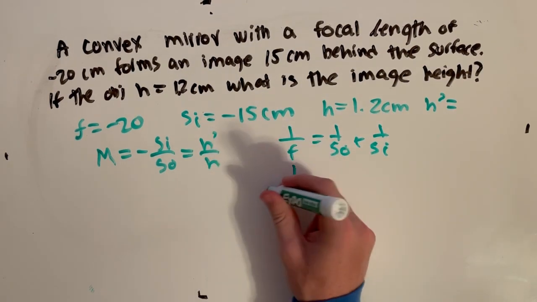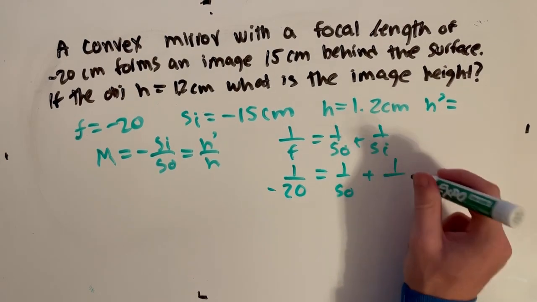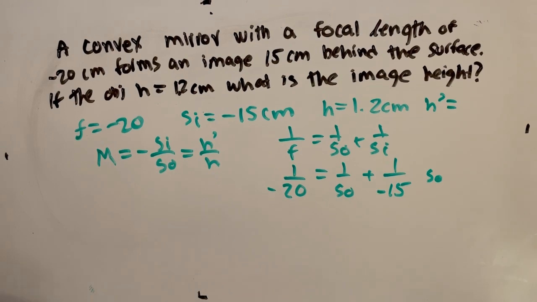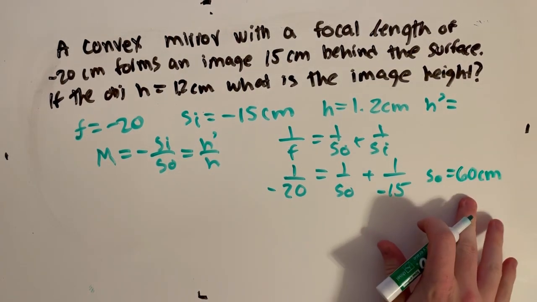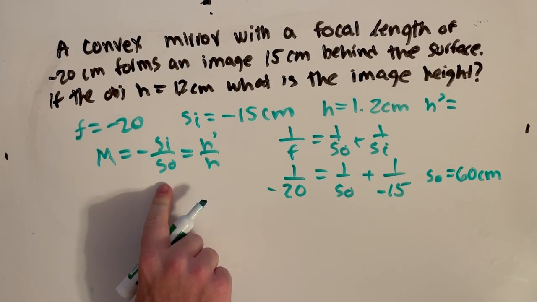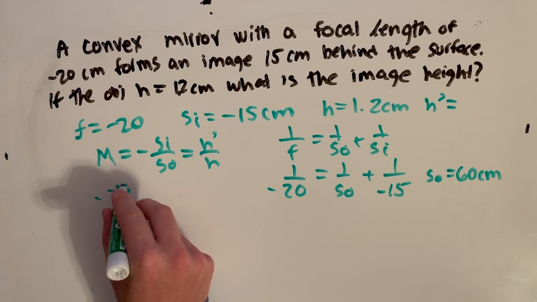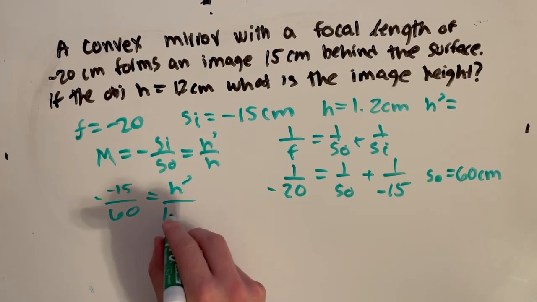So it's going to be 1 over negative 20 equals 1 over 20 plus 1 over negative 15. If I put this in my calculator, it comes out to be 60 centimeters. So once we have this number, we could plug it into this equation over here. So we know negative si, which is going to be negative 15 over 60 equals h prime over 1.2.